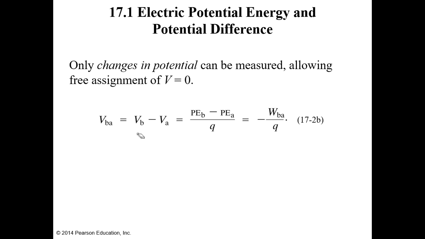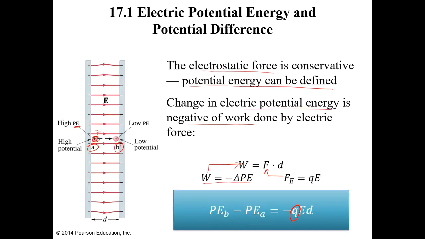So whenever we talk about potential, it's always between 2 points. And so calculating that means that the change in potential would be change in potential energy divided by my charge Q, which would be negative work divided by my charge Q, which if I go back here, that makes sense.